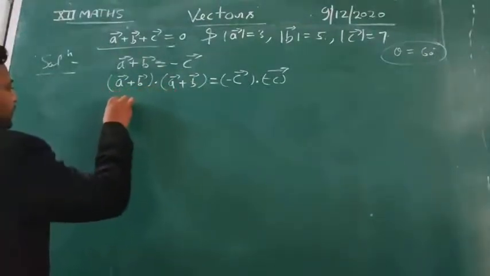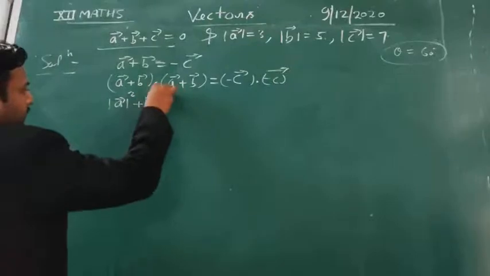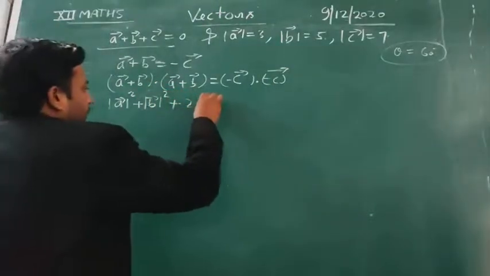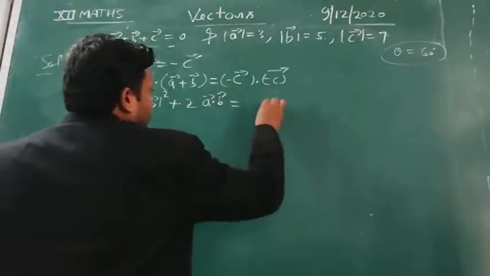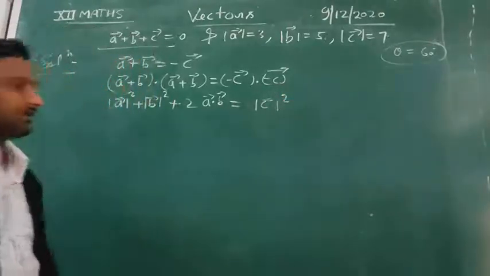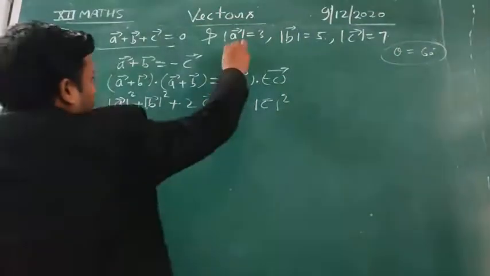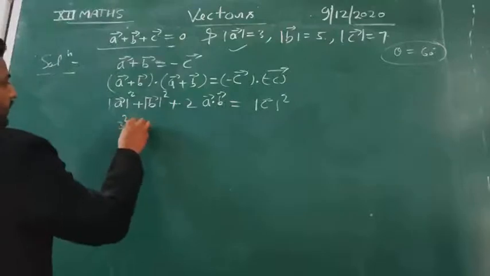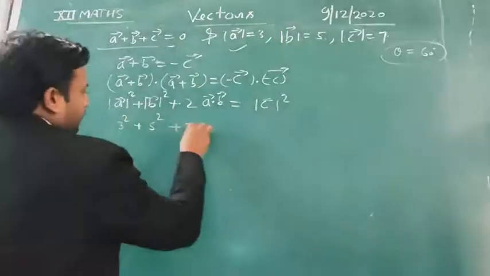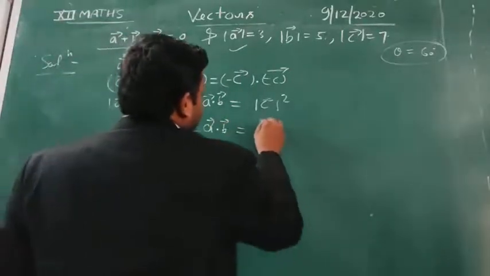After multiplication, what will we get? We will get magnitude of A square plus magnitude of B square plus 2 A dot B is equal to magnitude of C square. Now we will put in the values of magnitude of A, magnitude of B, magnitude of C. So we will get 3 square plus 5 square plus 2 A dot B is equal to 7 square.